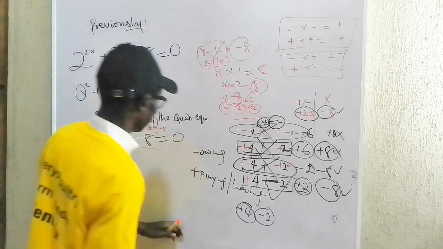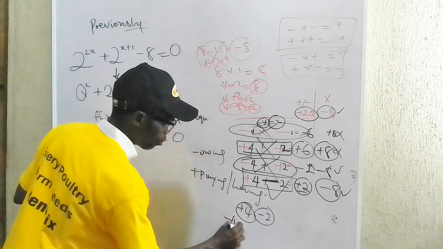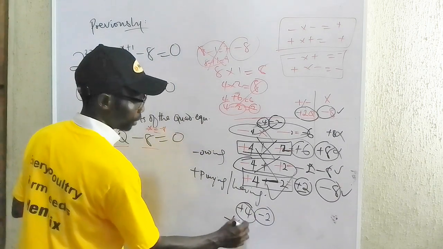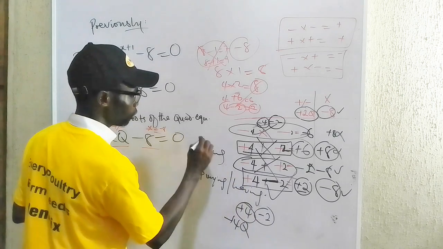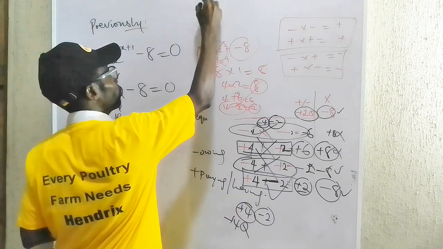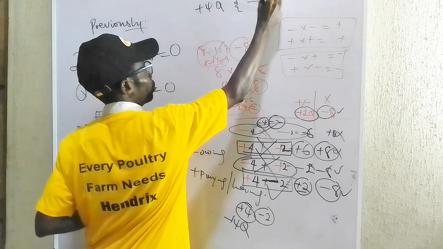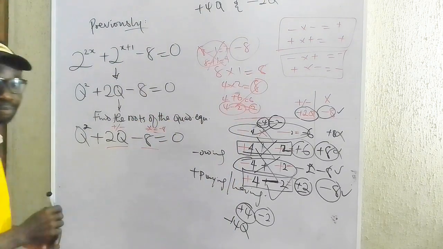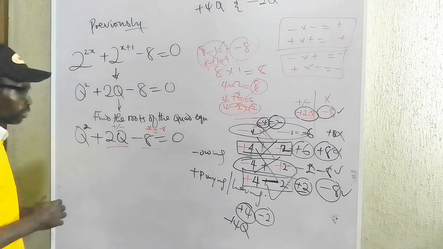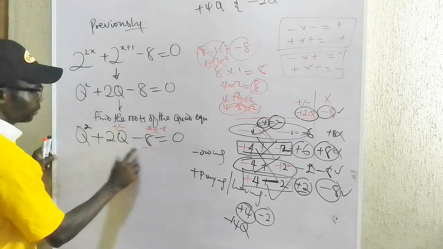Plus 4 and minus 2, so it's going to be plus 4q, and we're going to be using plus 4q and minus 2q to substitute here, right? So this is quite lengthy.